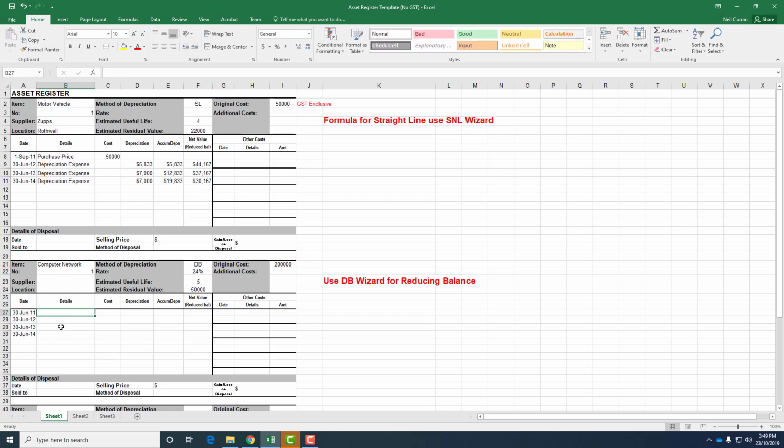Okay, so we're going to put the purchase price here. Always remember to use cell referencing. And then we are going to depreciate it for that year, so we're going to put depreciation expense here.